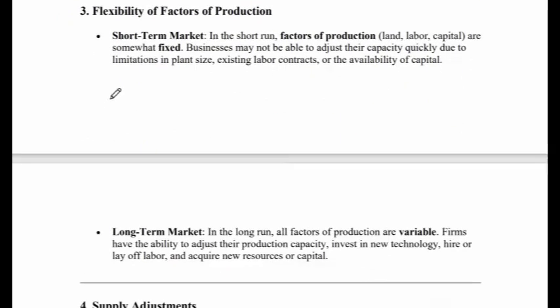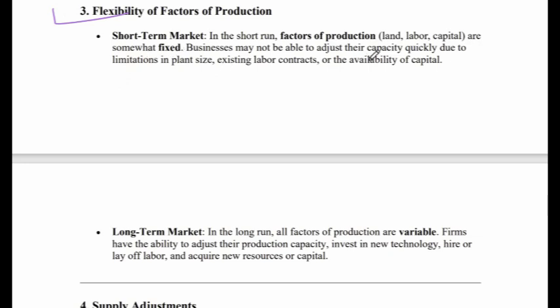ऑलराइट, फ्लेक्सिबिलिटी. शॉर्ट टर्म मार्केट में जो फैक्टर्स ऑफ प्रोडक्शन है, we know that there are 4 factors of production, लैंड, लेबर, कैपिटल एंड रिसोर्सेज. यहाँ पे 3 दिए हैं but there are 4 of them. They are somewhat fixed in the short term.